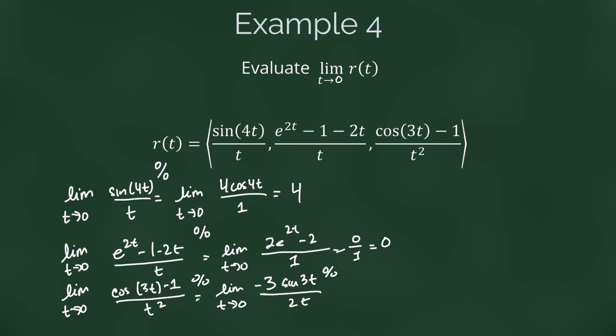So we've got to use L'Hopital one last time, hopefully. Here we're going to get negative 9 times the cosine of 3t all over 2. The cosine of 3t at t equals 0 is 1, so we get negative 9 halves. So we can see that we get, for our limit, the vector 4, 0, negative 9 halves.